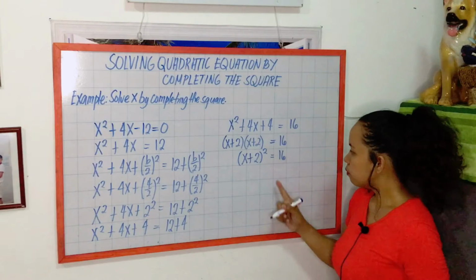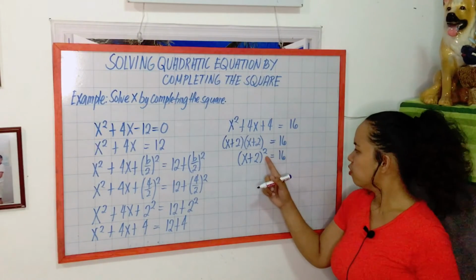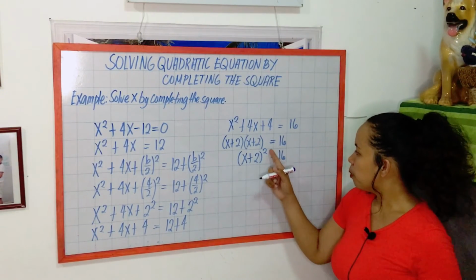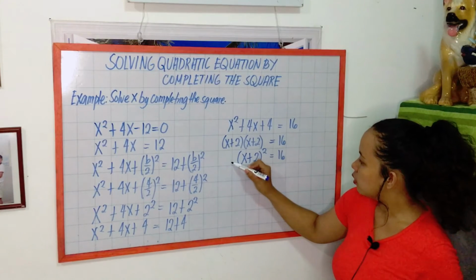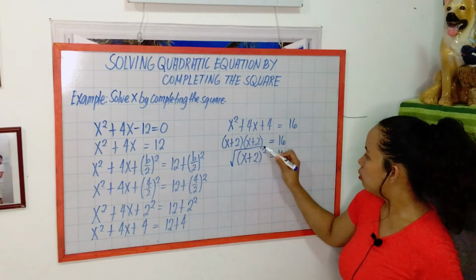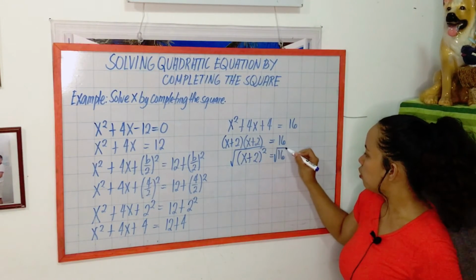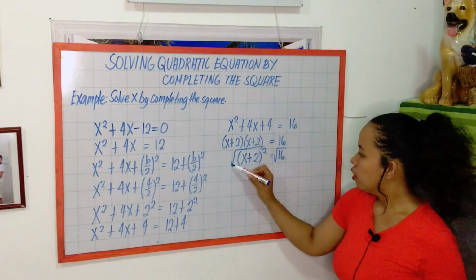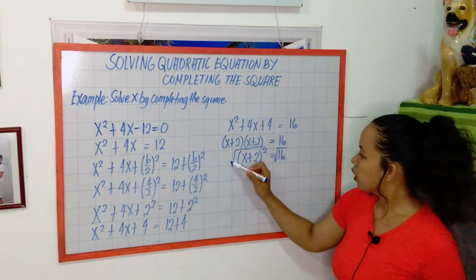And then, how can we solve x? So, mayroon tayong square dito, dito mayroong 16. Para matanggal yung square dito, ang gawin lang natin is square root natin yung bawat side ng ating equation. So, the square root and the square will cancel.